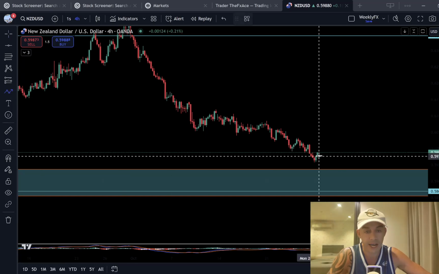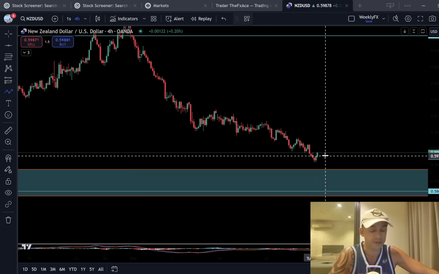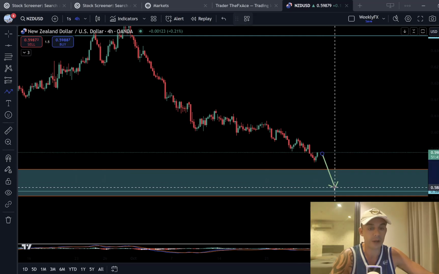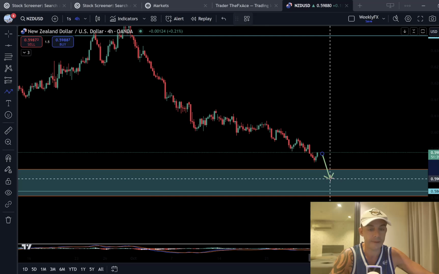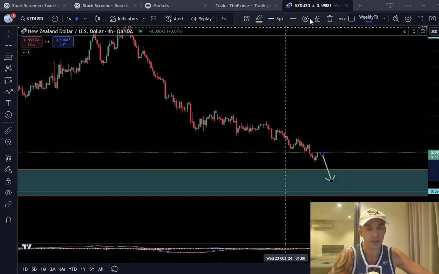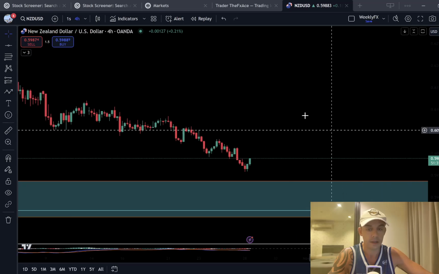If you've missed the boat at the 59,400, 59,500 level, what may happen is we look at one final push down into this area. So just watch out for that, down towards 59, and then this should be the catalyst for the move up.